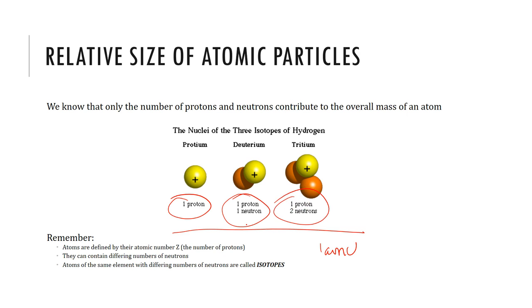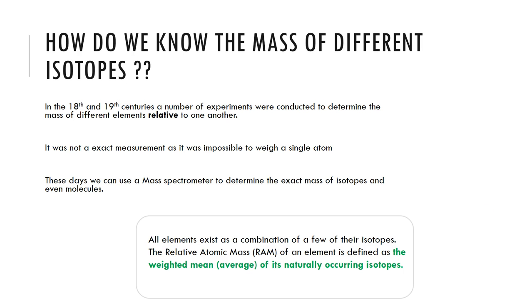And then tritium, which is a 1 proton, 2 neutron hydrogen atom. And you may have asked how we actually know these exist. Well, we know because the number of protons and neutrons contribute to the overall mass of the atom, and then how many of these isotopes are around contribute to the average atomic mass that we see.